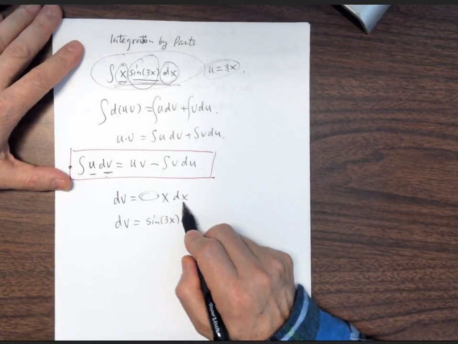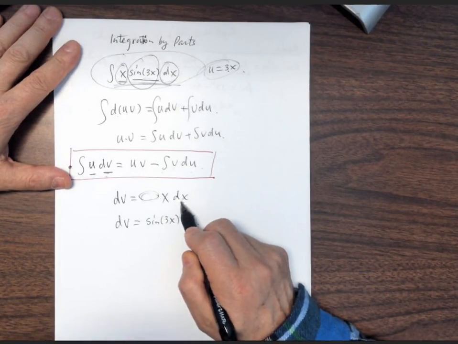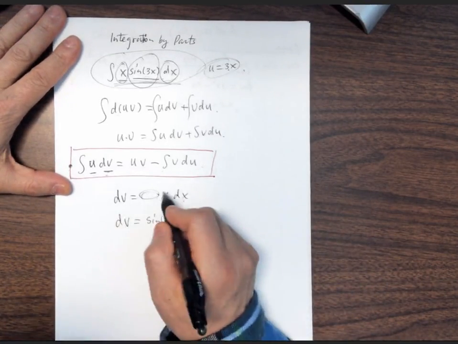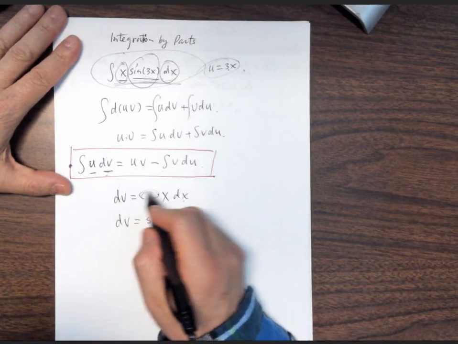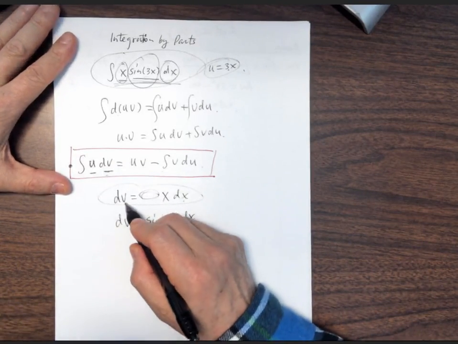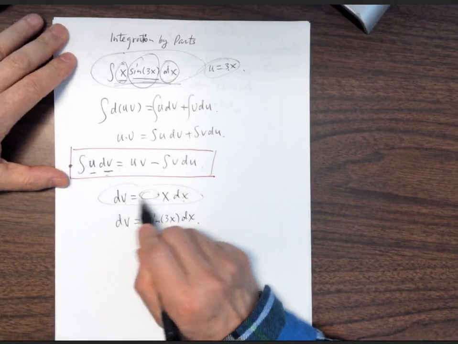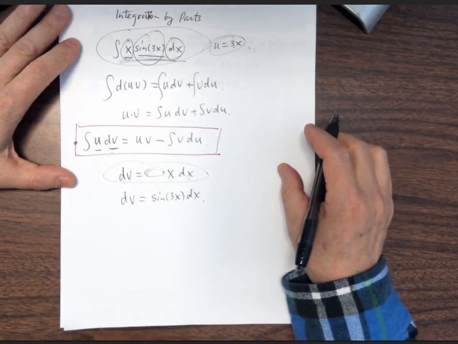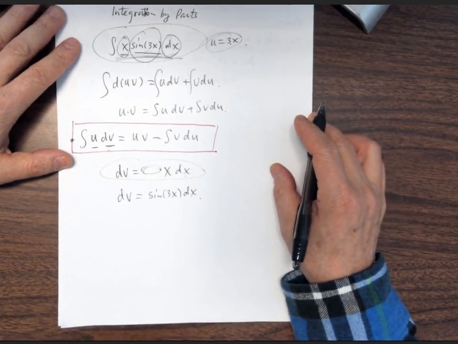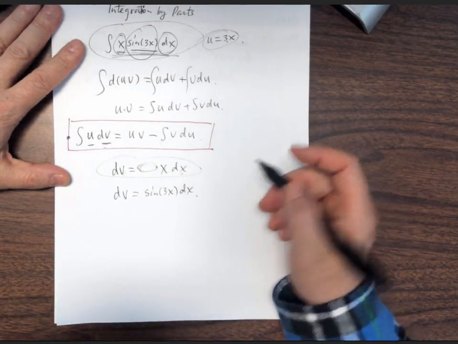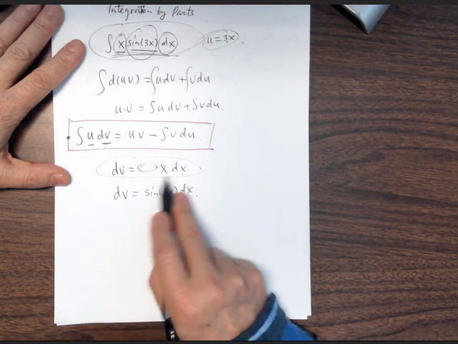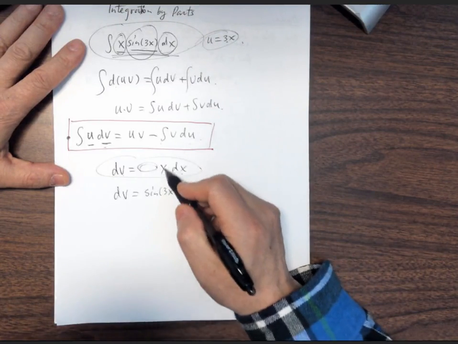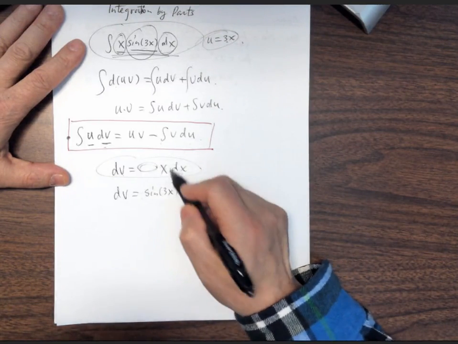So you can see here, your dx is always part of dv. Whichever way you decide, you have to make sure it's possible to determine v. That is, if you integrate both sides, you can do the integration. That's one criterion. Another criterion is, hopefully you determine your dv in such a way that your v will be simpler than whatever you start out with here.